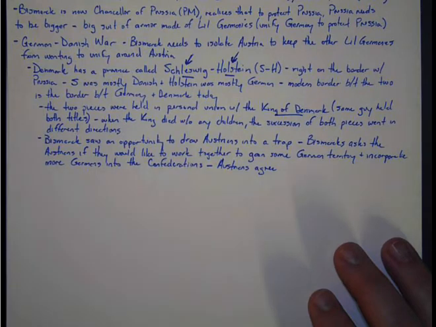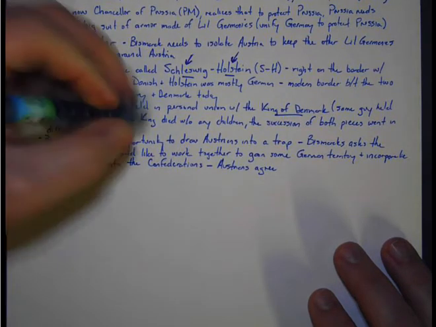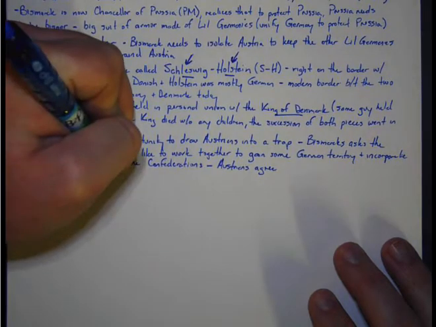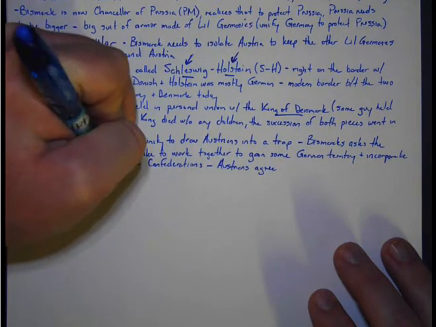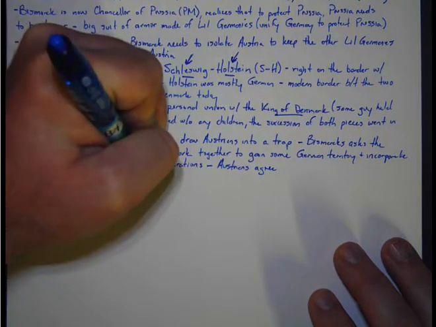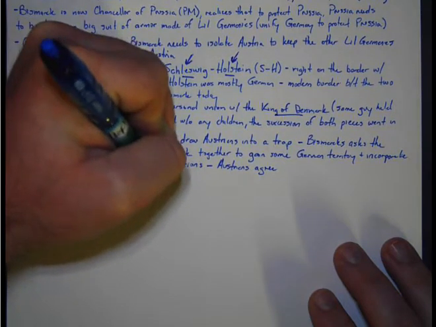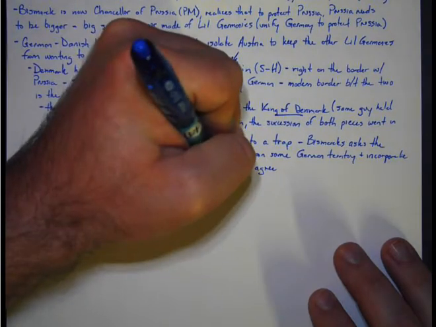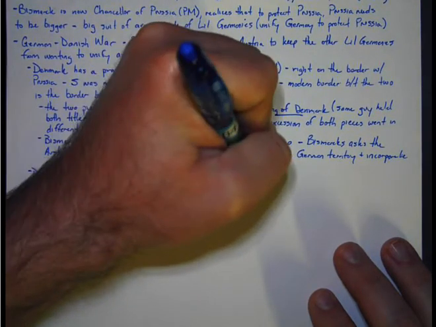And this was not really even close. Denmark lasted about 3 months against the combined Prussian-Austrian military.